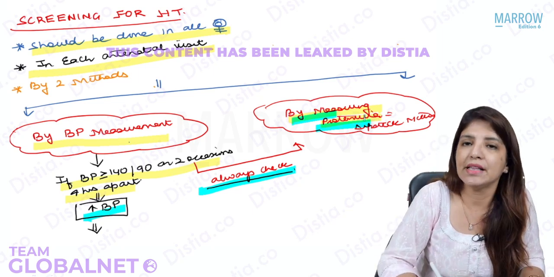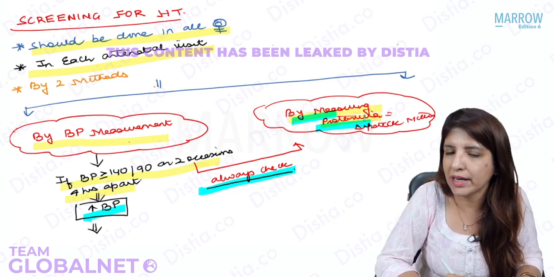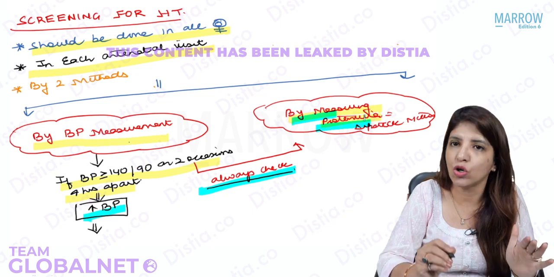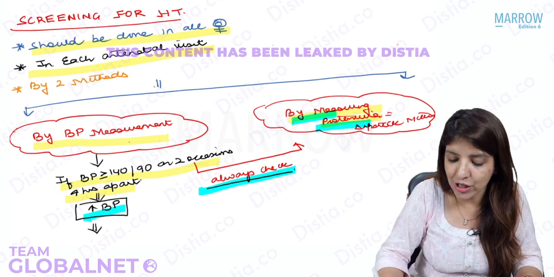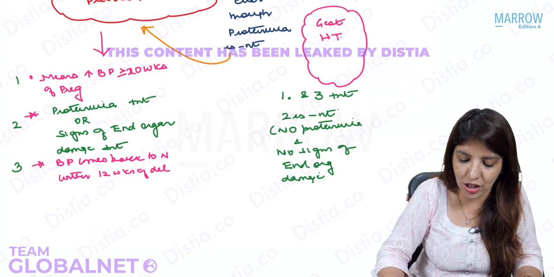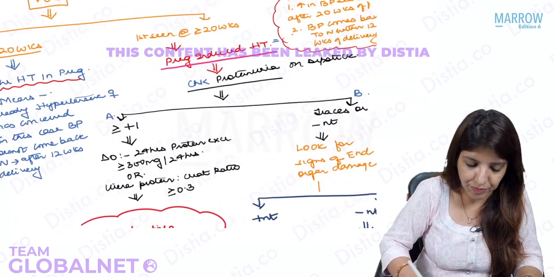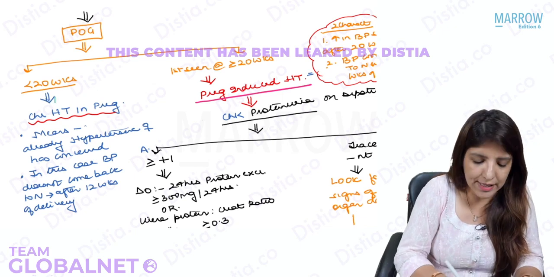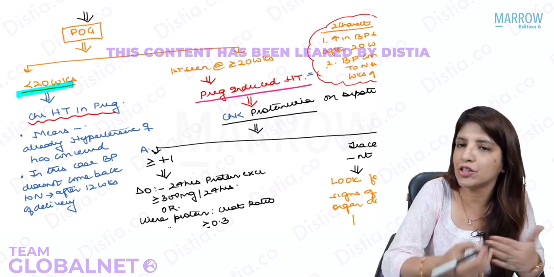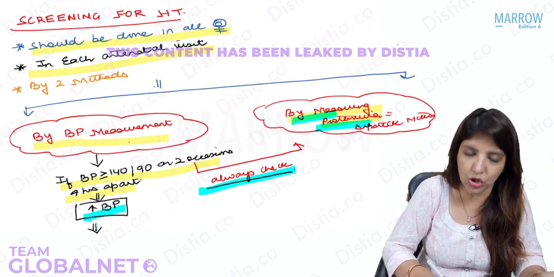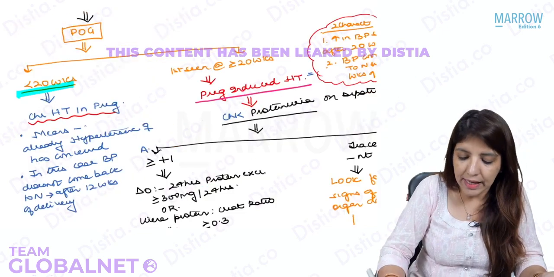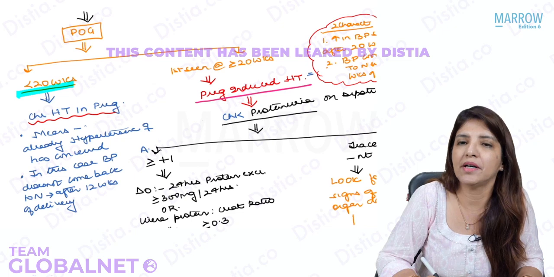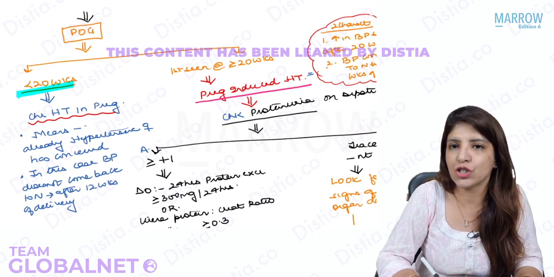Now, once I see that the patient's BP is more than or equal to 140/90, in order to classify them, I should check the gestational age of the patient. Right? So, if the gestational age, that is the period of gestation, is less than 20 weeks and her BP is more than or equal to 140/90, in that case, I'm going to call her a case of chronic hypertension in pregnancy.